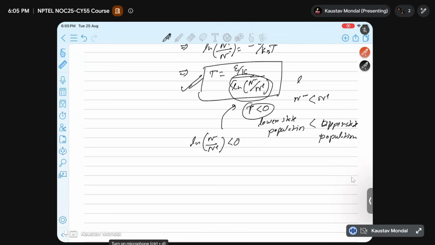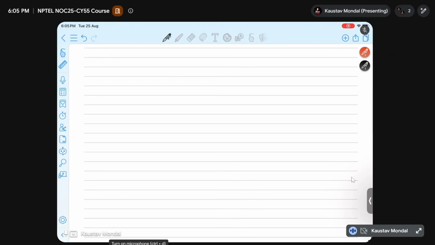Also, using the third law, how do we achieve very low temperatures? You know that from the third law, you can reach absolute zero temperature not in a finite number of states.